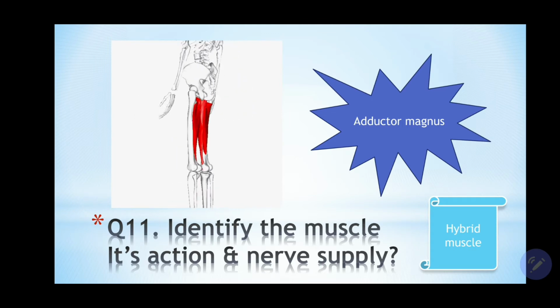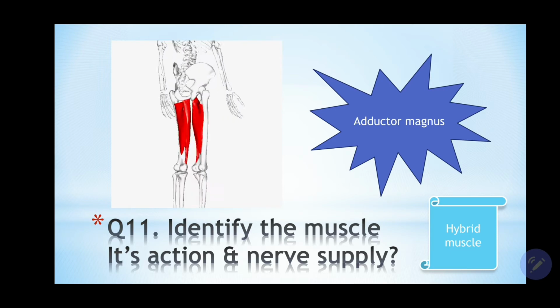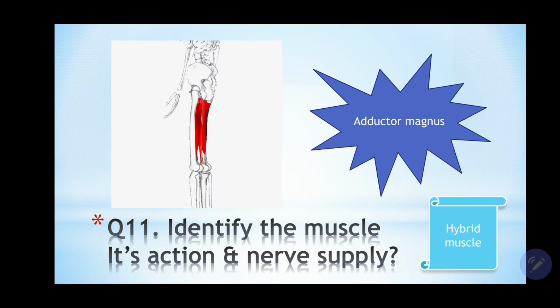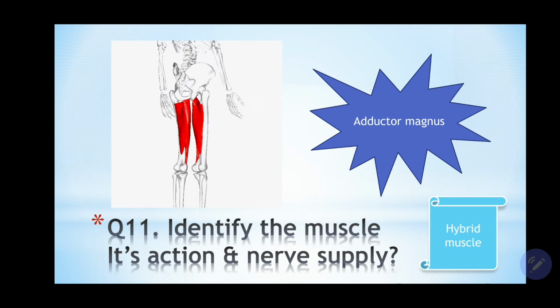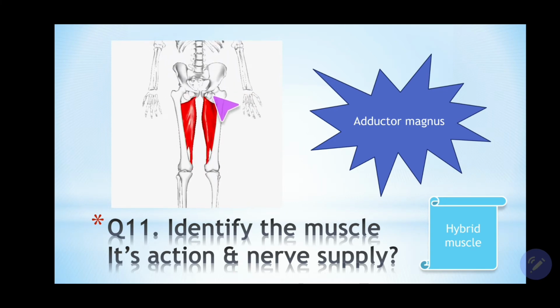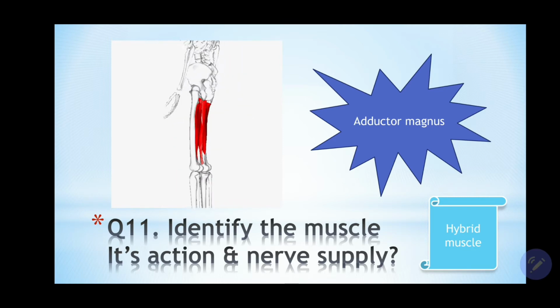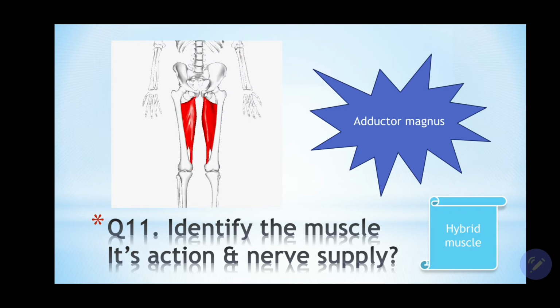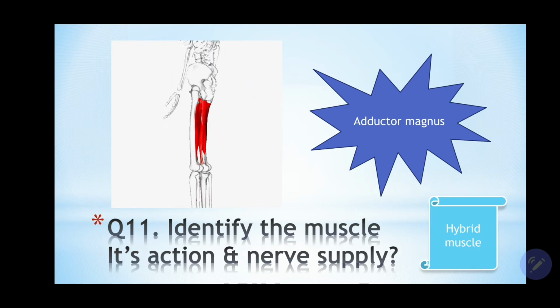So these pubic fibers take origin from the ischiopubic ramus, while the hamstring fibers take origin from the ischial tuberosity, the lower and outer surface of the ischial tuberosity. So these are the 2 points of origin.